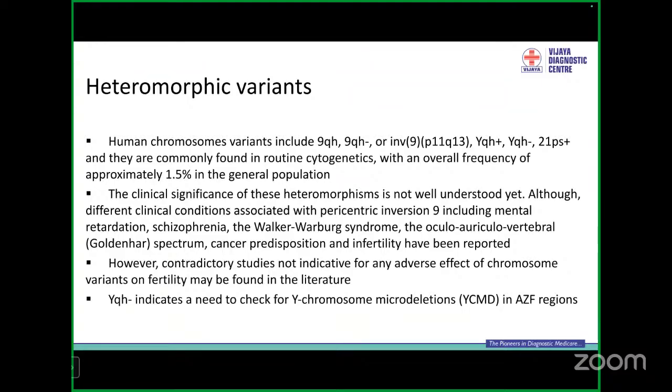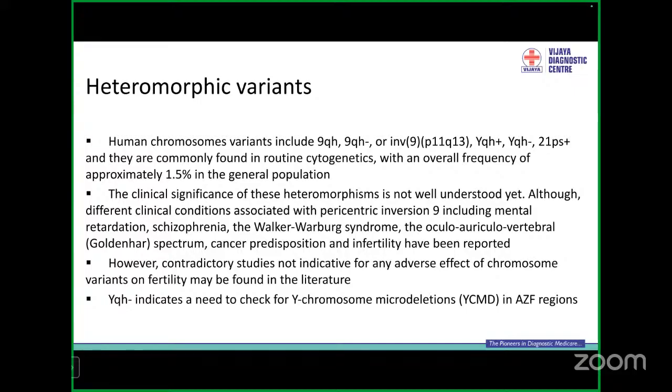The clinical significance is not very well understood. Some studies say pericentric 9 inversions and Y inversions cause subfertility and some syndromes, but it is not completely proven. So, taking into consideration the family history, personal history, and obstetric history, this heteromorphic variant significance may vary. That's the reason we definitely mention genetic counseling in such cases.